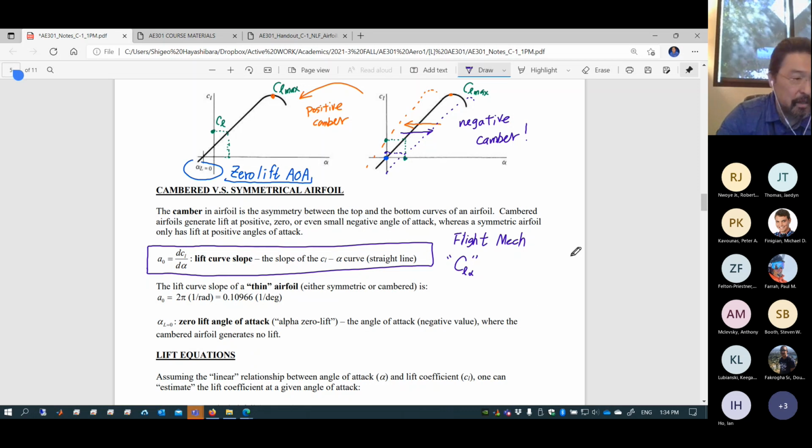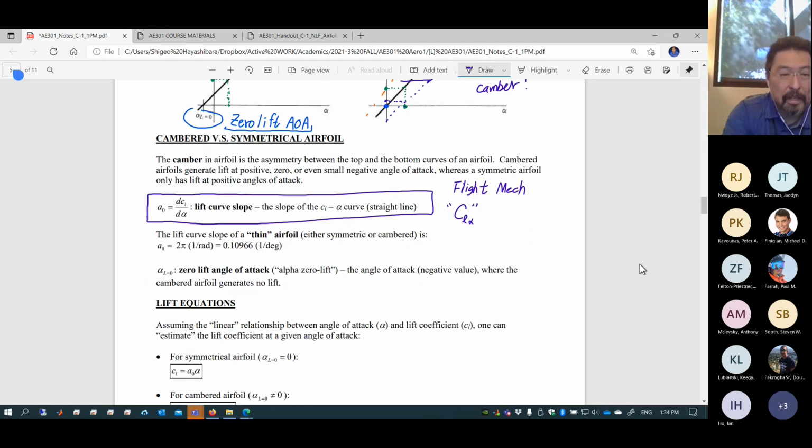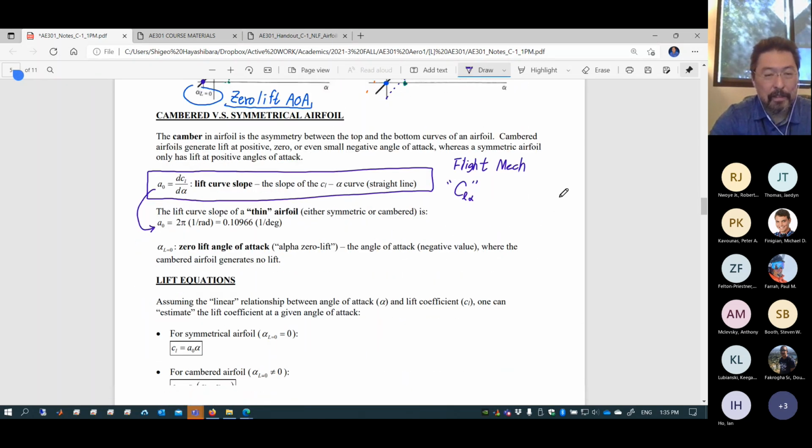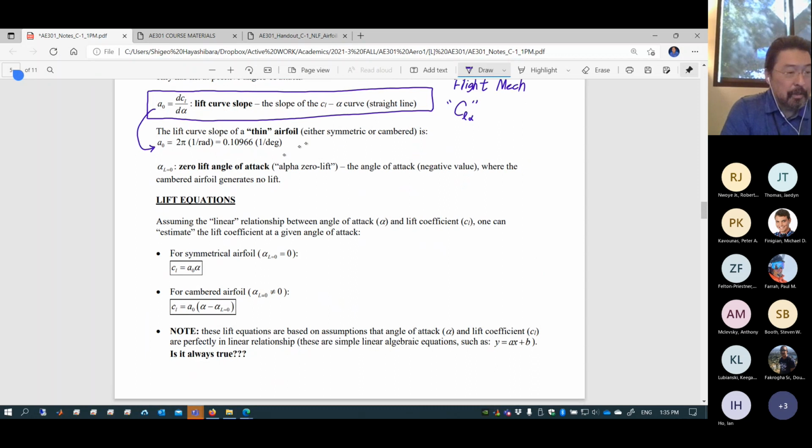That's flight mechanics notation you're going to encounter later. And this is typically 2 pi, especially for a thin airfoil. And then the 0 lift angle of attack starts to show up if you put in camber. If you put in more positive camber, this is going to be shifted more and more to the left.